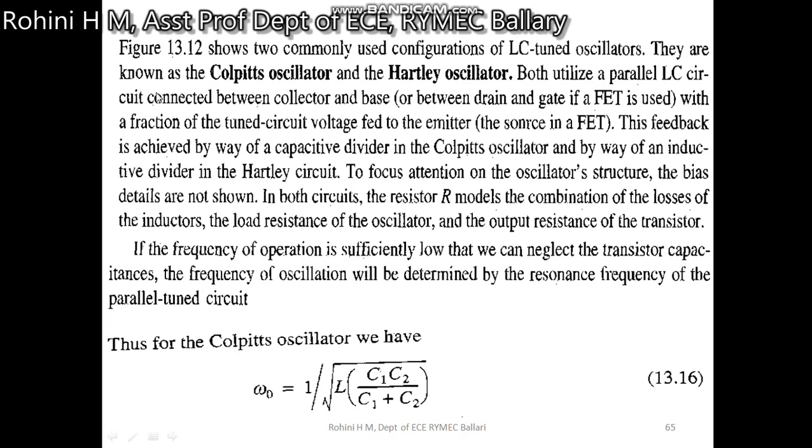Both utilize a parallel LC circuit connected between collector and base, with a fraction of the tuned circuit fed to the emitter. So this feedback is achieved by way of a capacitive divider in the Colpitts oscillator, and by way of an inductive divider in the Hartley oscillator.